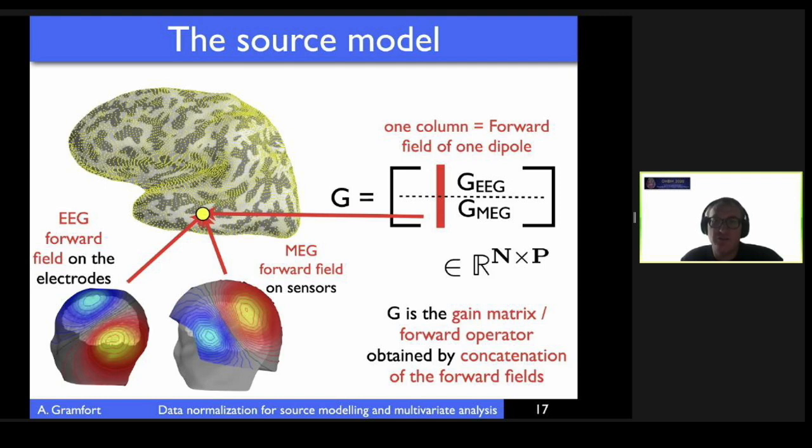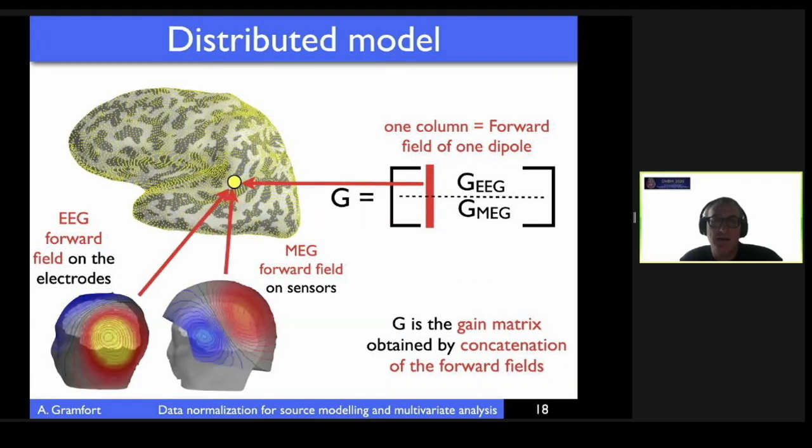This will give you different columns of the matrix G. And from this entire matrix G, then you can solve the inverse problem using a distributed source model. Okay, so the lead field here, the gain matrix or the forward operator for the EEG and MEG, is just the concatenation across rows of the two matrices.